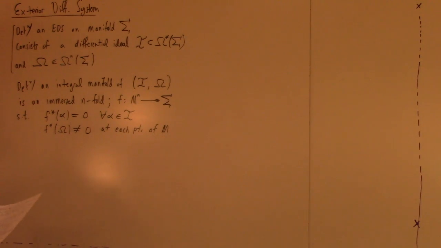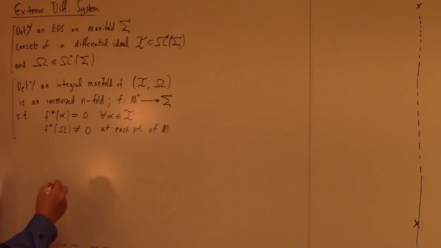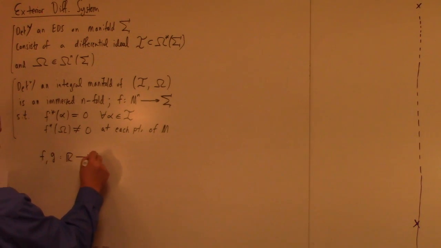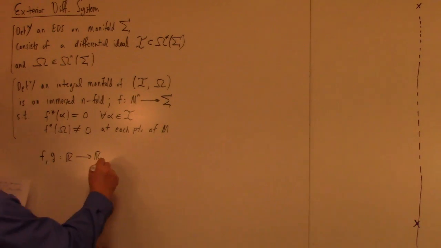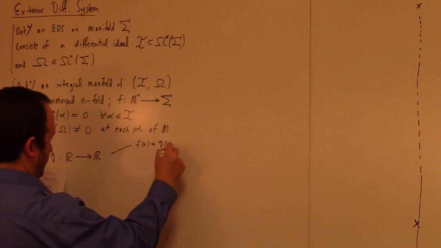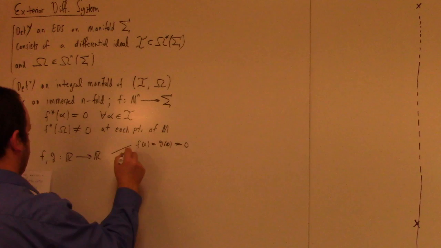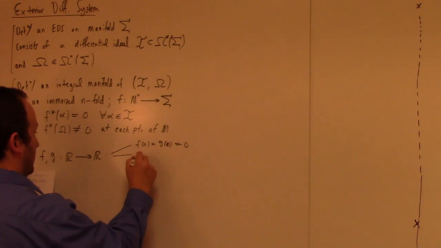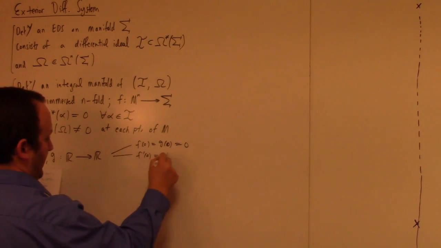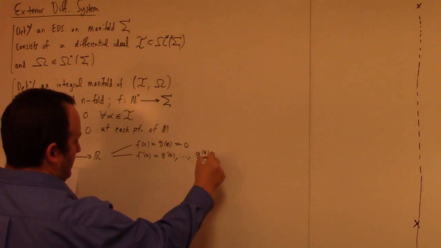The next thing to talk about, all right, is the notion of k-jet equivalence. So basically, if I have a function f and a function g, mappings from R to R, with the following conditions: f of 0 equal to g of 0, and we also have f prime of 0 equal to g prime of 0, and so forth and so on, all the way out to the kth derivative.